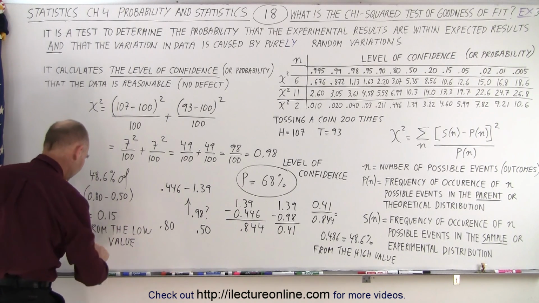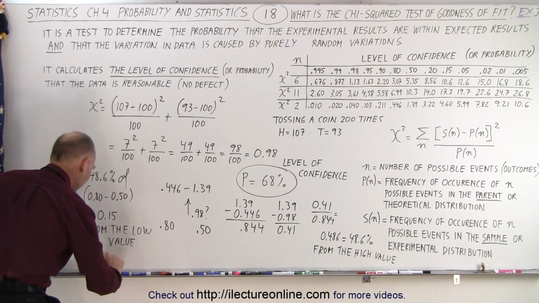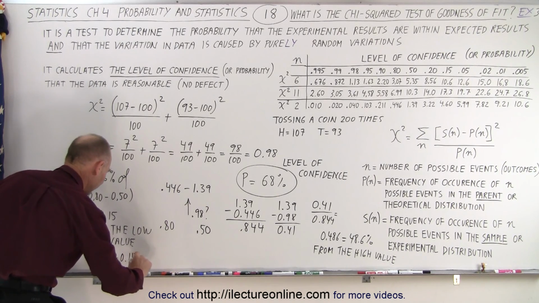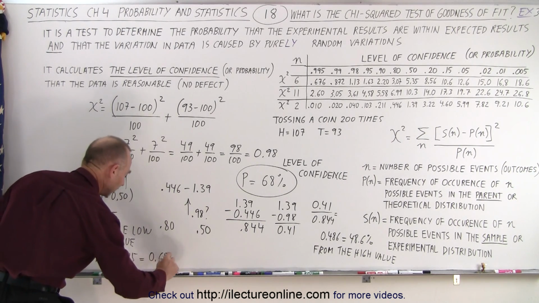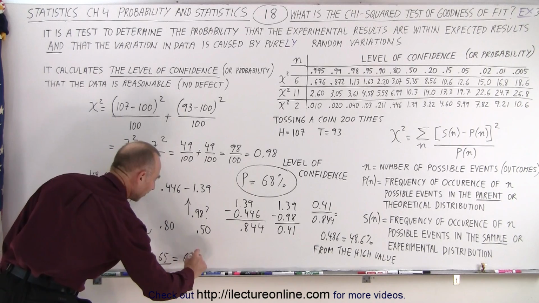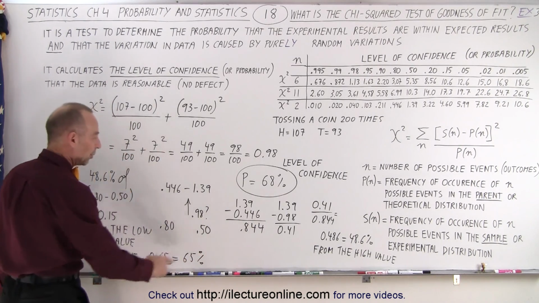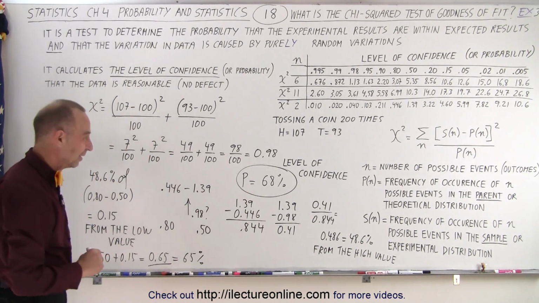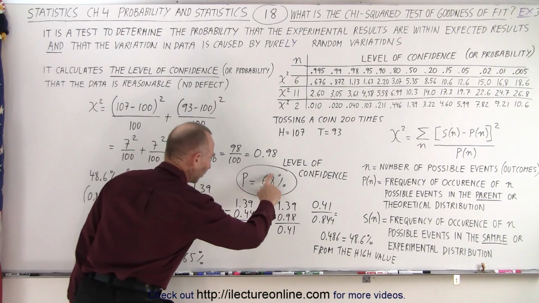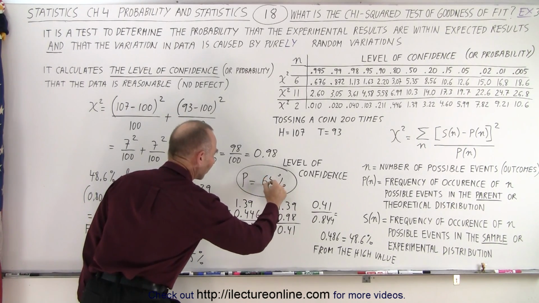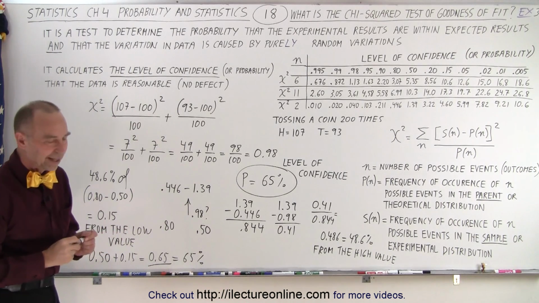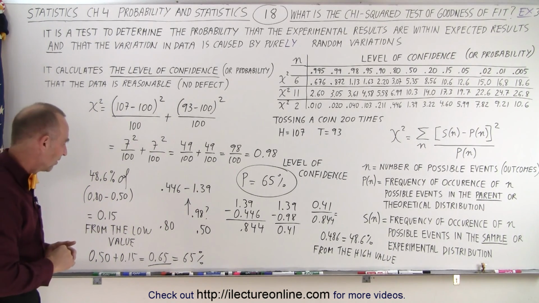So add that to this: 0.50 plus 0.15, which is 0.65, or 65%. And my initial estimate was 68%, so that was kind of a bad estimate. So we're going to change that to 65%. Well, I suppose close enough, 68, 65%.